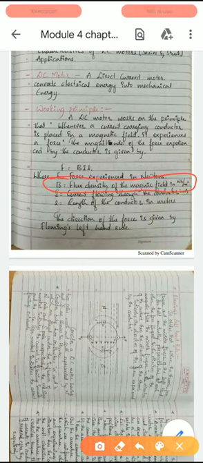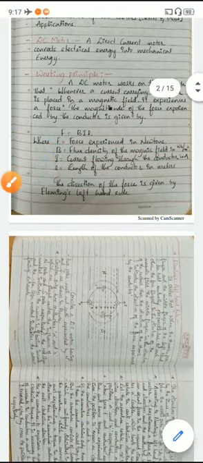Magnetic field intensity or flux density is nothing but flux per unit area. Flux is measured in Webers and area is measured in meter square, hence the unit is Weber per meter square.